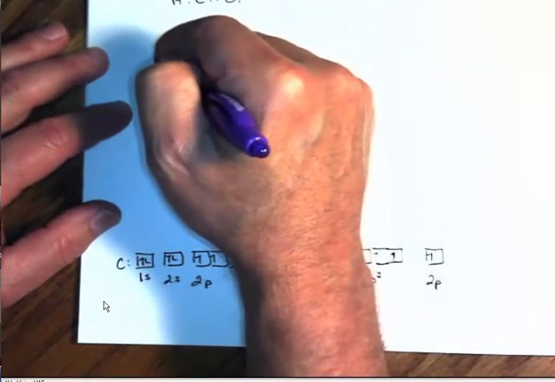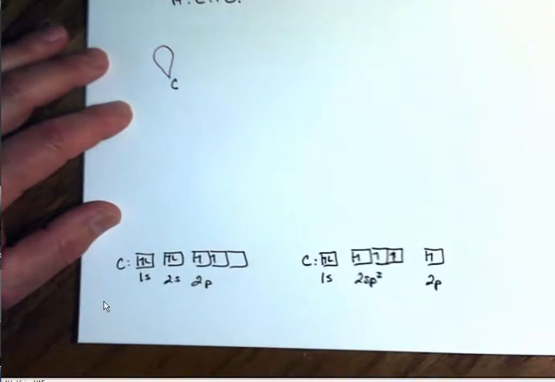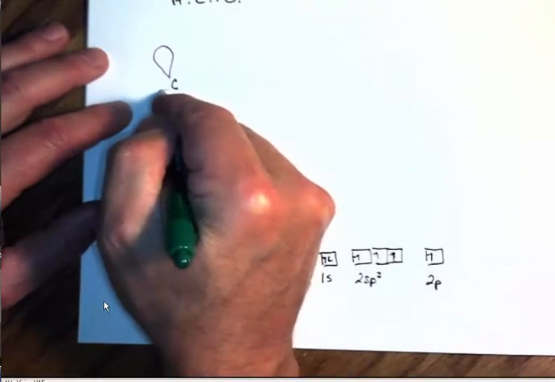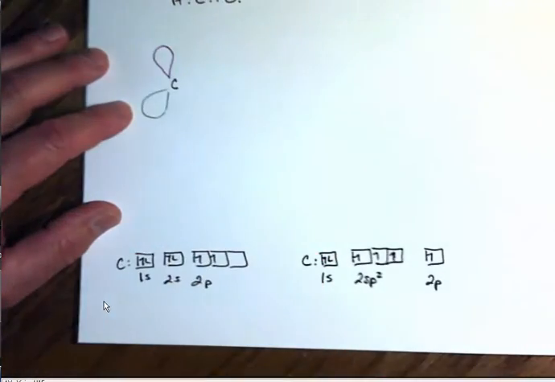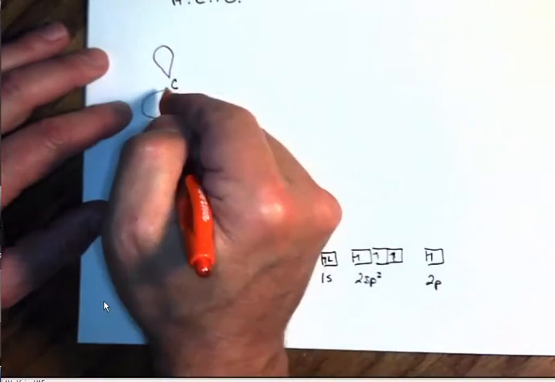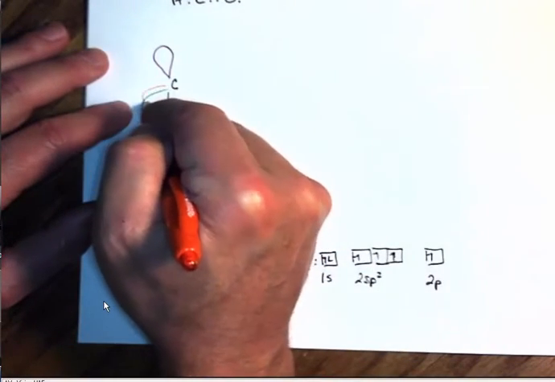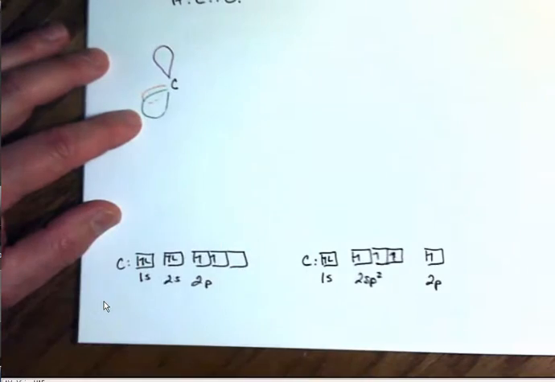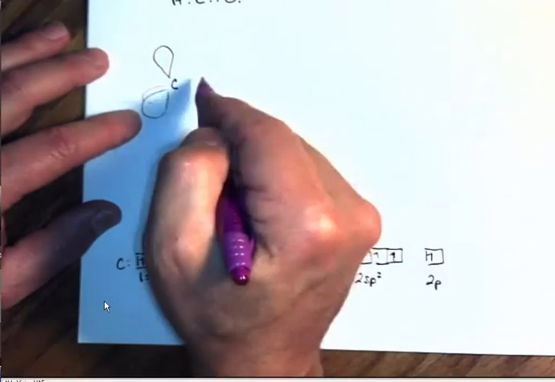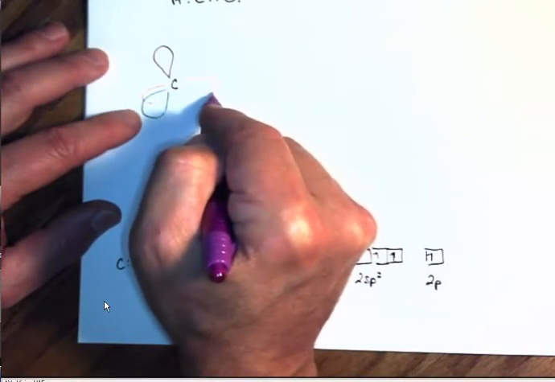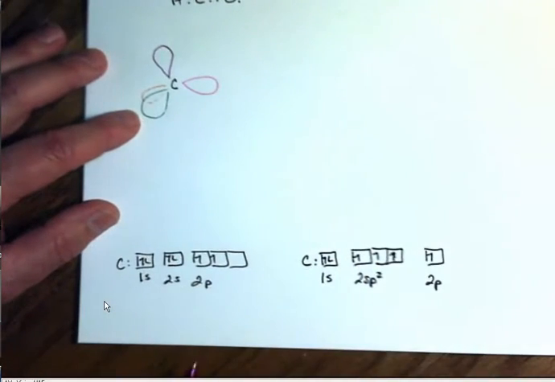Got one going here. And one coming out toward you. One going back behind. And then lastly, we're going to have one orbital that's going out like this. There's our 4 orbitals. Okay?